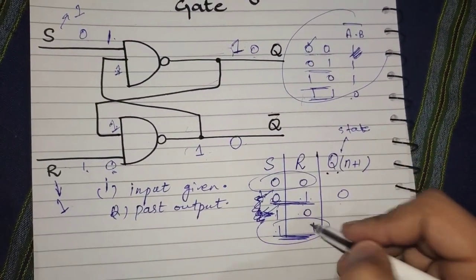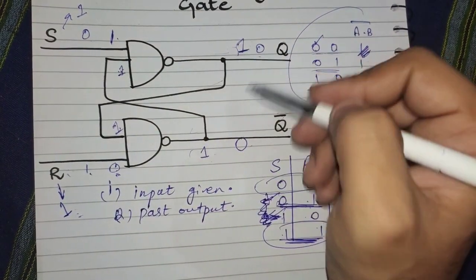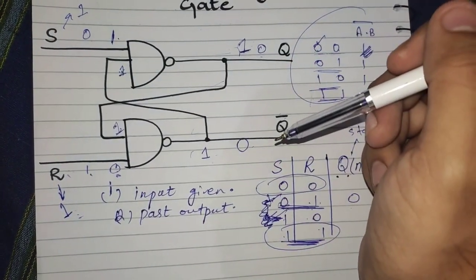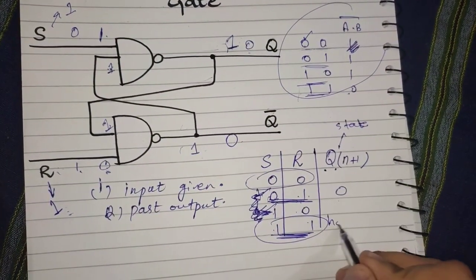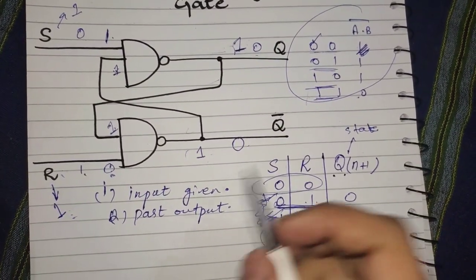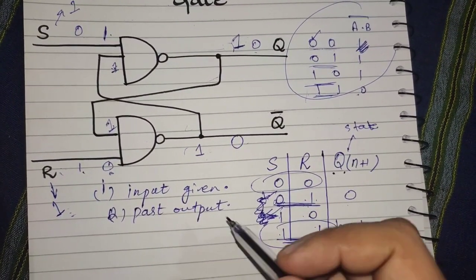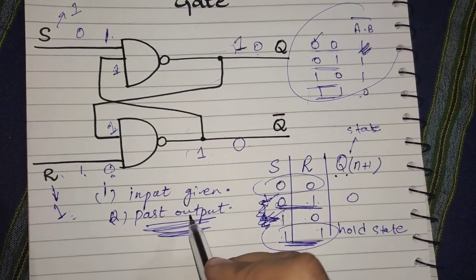So for this state, S equal to 1 and R equal to 1, we are not getting any kind of output. This state is known as the hold state. So we can write hold state. Hold state means, as I have just mentioned before, that this sequential circuit works on a past output state.